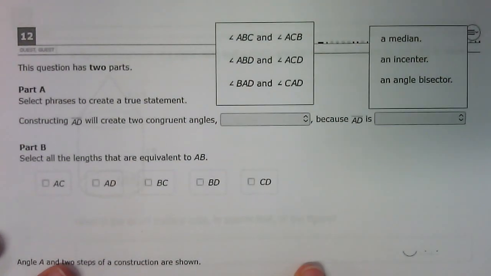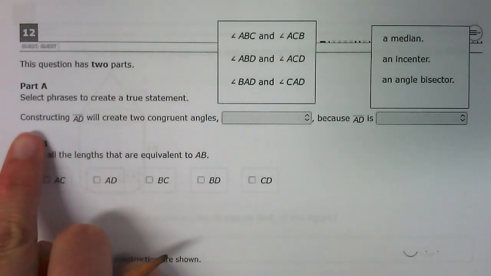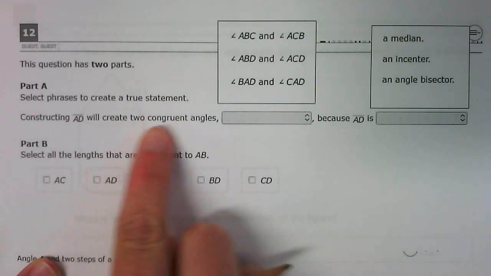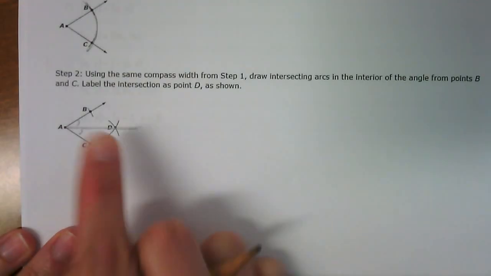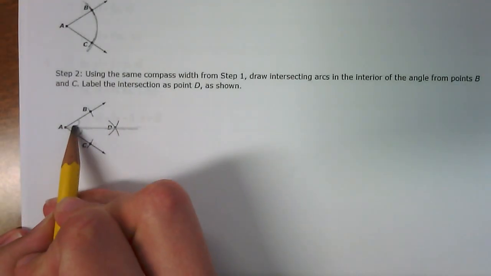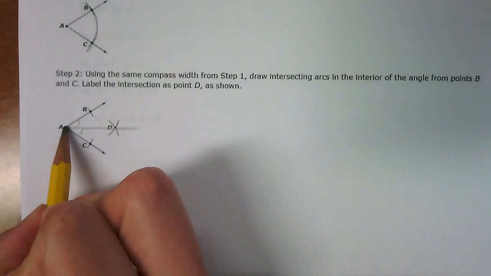It says this question has 2 parts. Select phrases to create a true statement. Constructing AD will create 2 congruent angles, which is exactly what we said down here. And now we have to name those angles. When you name these angles, you have to keep in mind that the vertex always goes in the center.